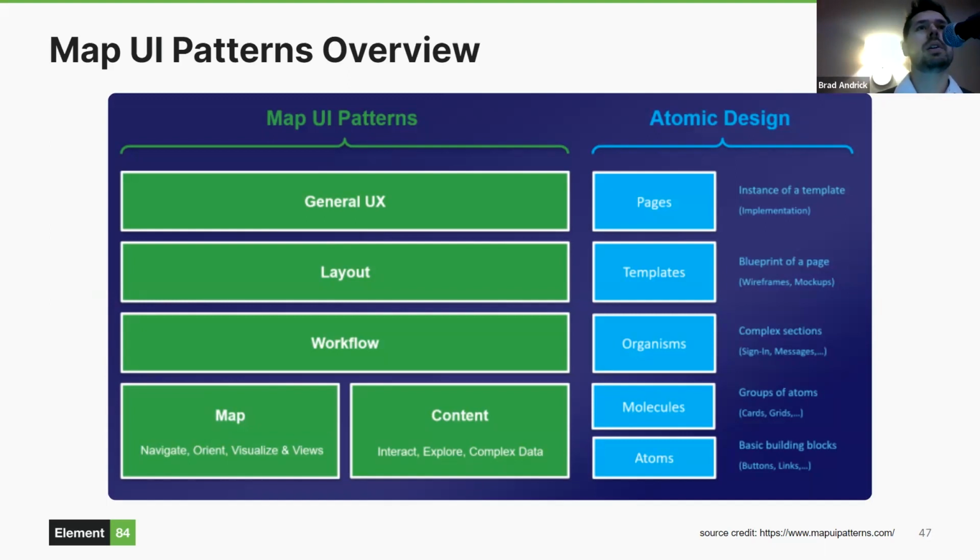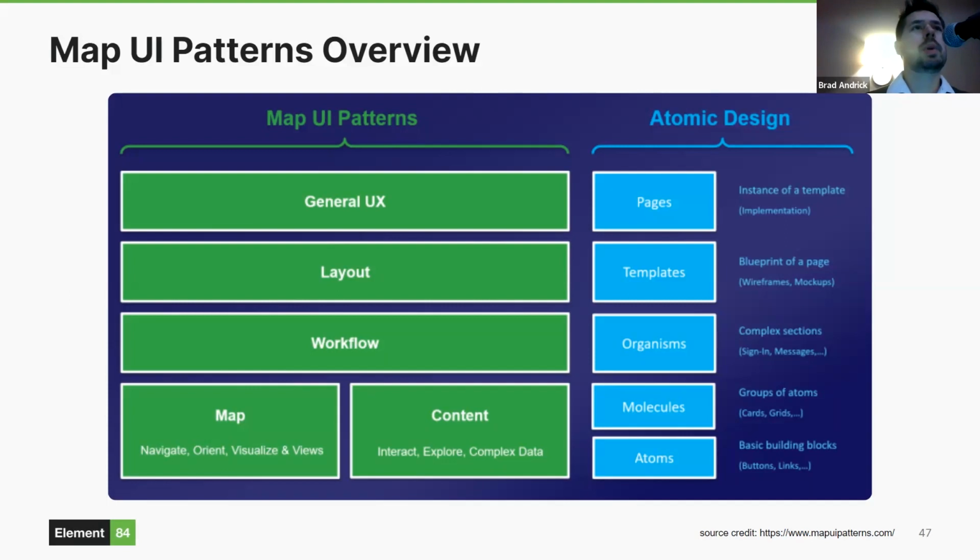So that's a button, that's a text input. Then we combine those together to create molecules, like a card or a grid. And then those all get combined into maybe a sign-in or an organism. And that rolls up into templates and then eventually up into an actual page. So that's the premise of atomic design.